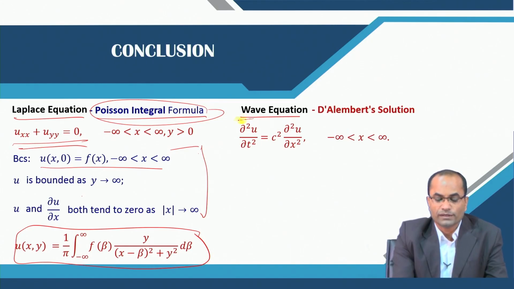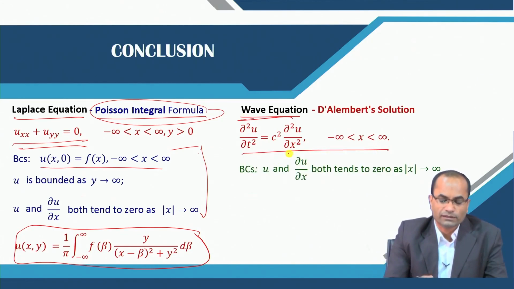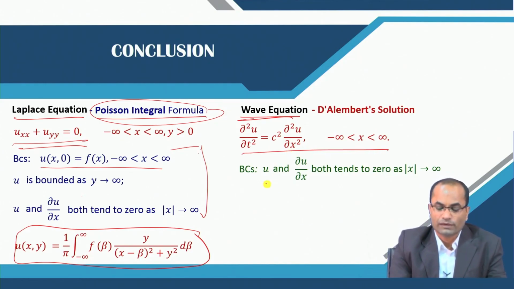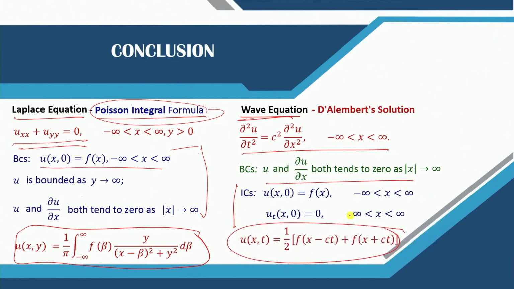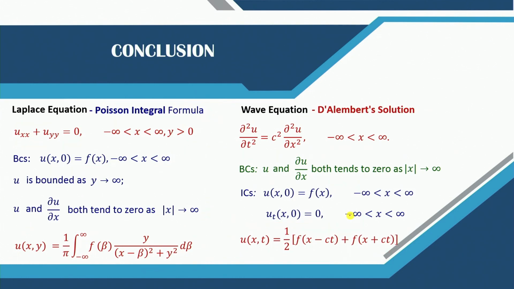And for the wave equation, which was considered in the whole domain here, and other variants also were discussed in this lecture. So, having these boundary and initial conditions, we got this well known formula, which is called the D'Alembert's solution of the wave equation.